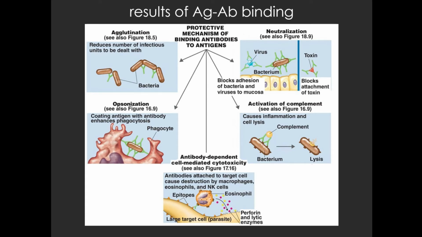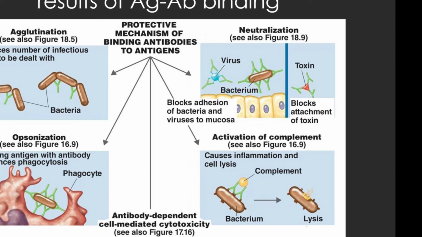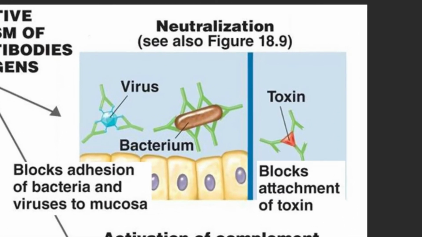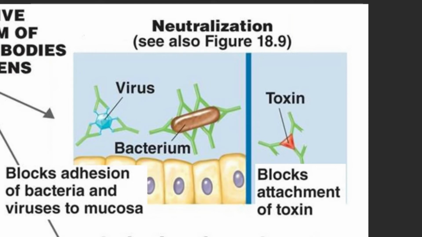So agglutination is the most basic result of antigen-antibody binding, and it happens when a single antibody binds to more than one pathogen. You can contrast that with neutralization, which is the top right-hand picture there. Neutralization you might see as a coating of the pathogen with multiple antibodies. So you see there a virus where the capsid proteins are recognized as antigen, and so the entire surface of the virus is coated.